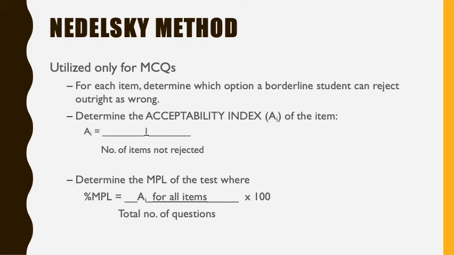And then you determine the acceptability index of the item, which is computed as 1 over the number of options not rejected. You then compute for the MPL of the entire test by summing up all the AI for all the items and dividing this by the total number of questions, and finally multiplying by 100 to get a percentage.